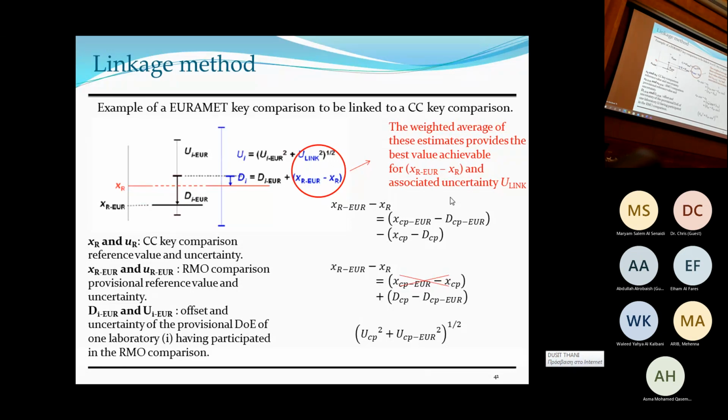So the difference between this value and this value is equal to the difference in values from a laboratory that has participated in the Euromet comparison minus the corresponding value from the CC comparison. Do you understand?